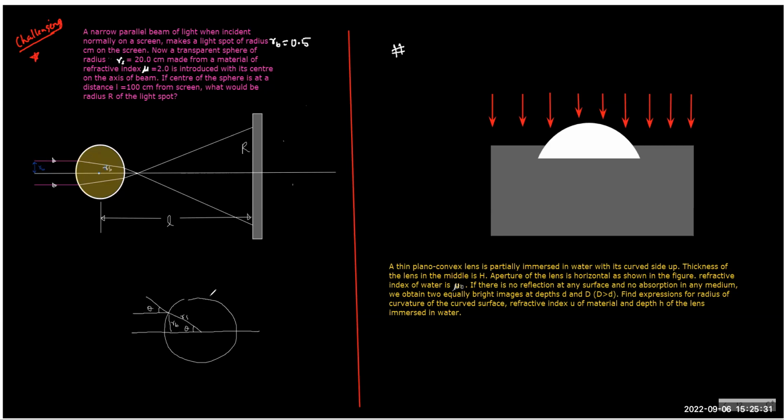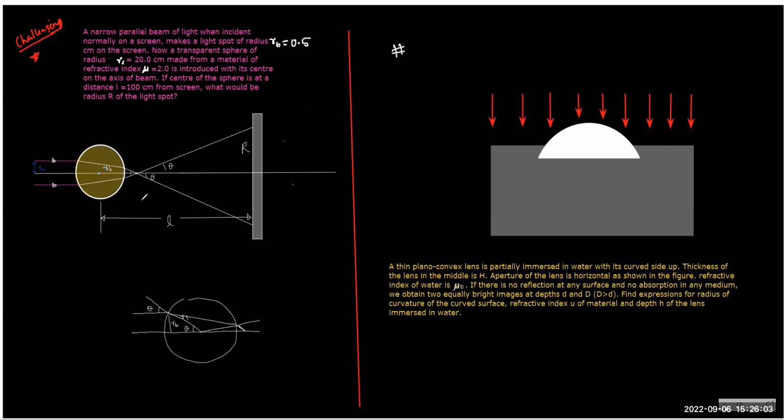And then you apply Snell's law to get the new angle, and then probably you can find the final angle. Because the angle is required, only then can you find the radius. Until we know this angle, I cannot find this R. Understood?